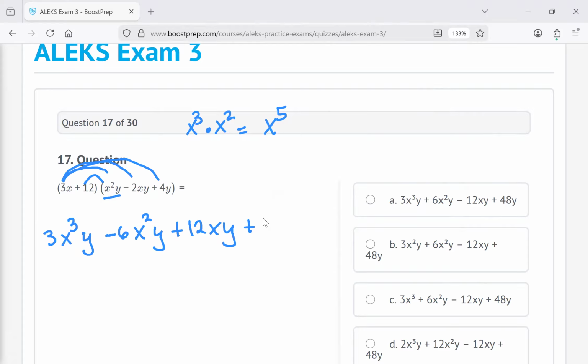That is going to be 12x squared y. What's 12 times negative 2xy? That is negative 24xy. And then what's 12 times 4? 48y.